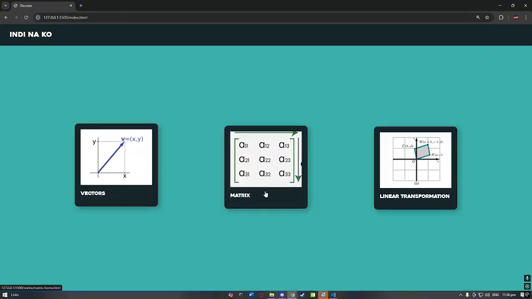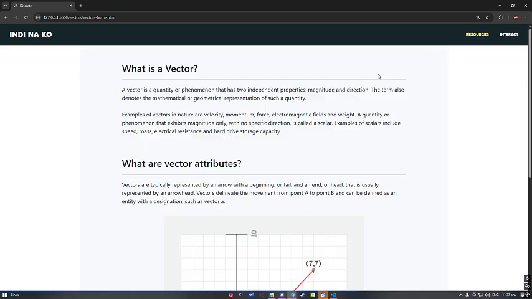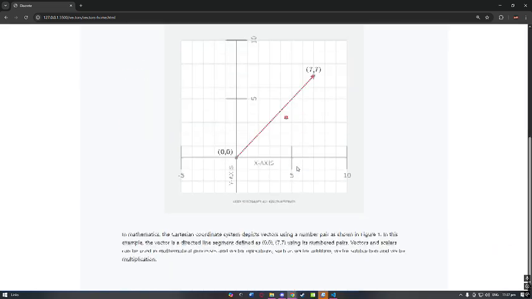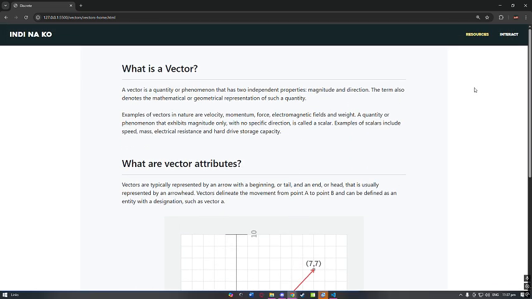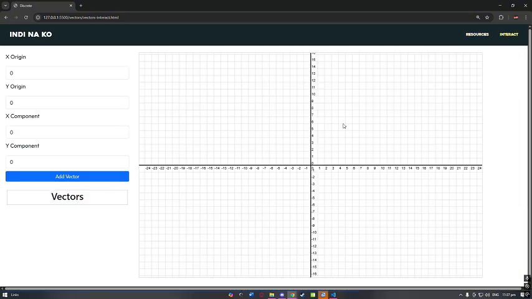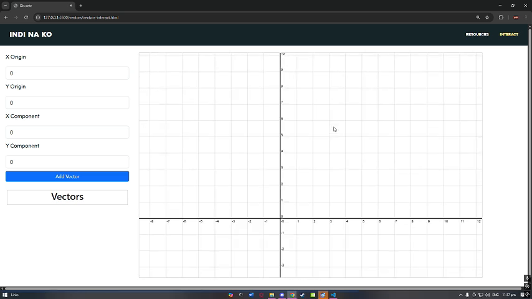Next up, we have our vectors page, and this time it will only have two sub-pages, which are resources and interact, same again like matrices. The resources will just be about what vectors are, and our interact page is going to be like Desmos.com, where you can input the x and y origin, and then the x and y destination.